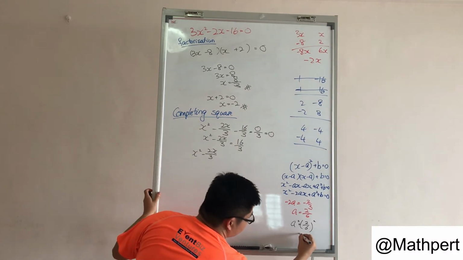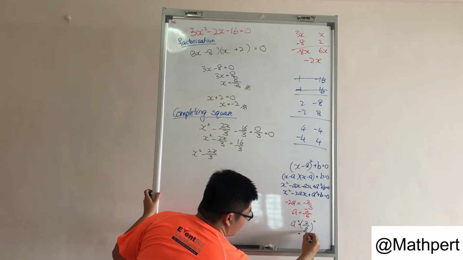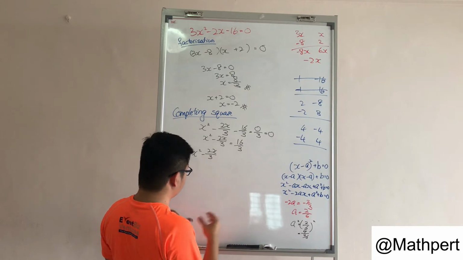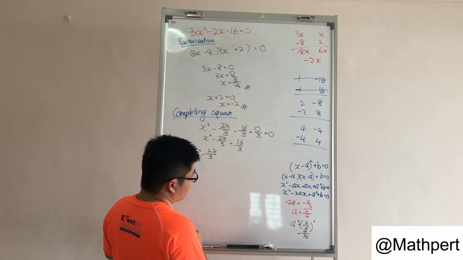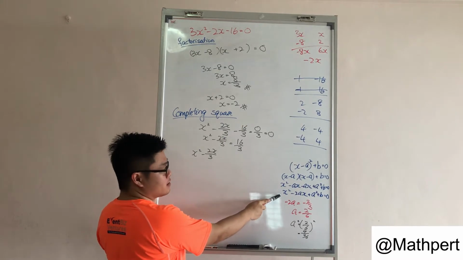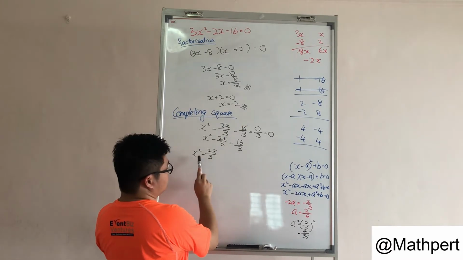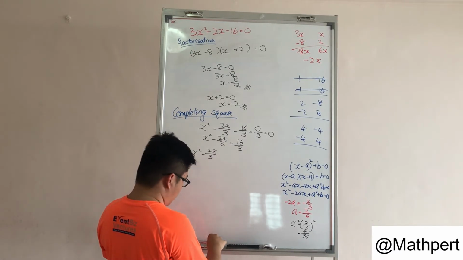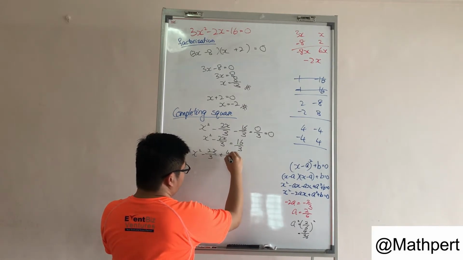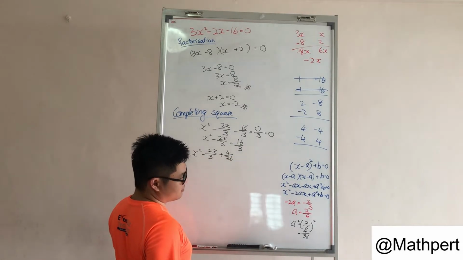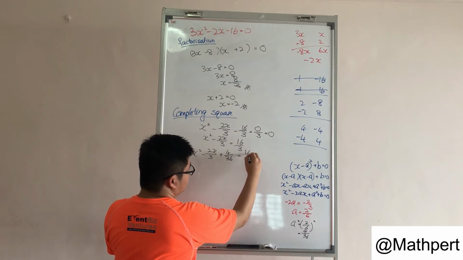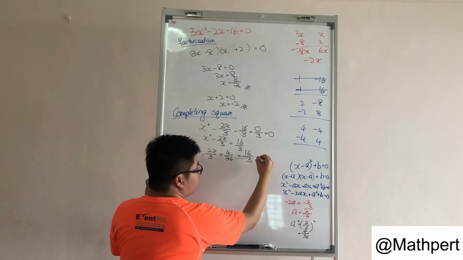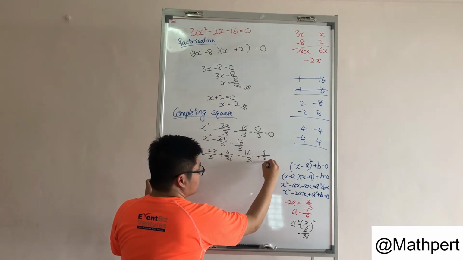This is also equal to 2 times 2 is 4, 6 times 6 is 36. Okay, x squared, negative 2ax, plus a squared, a squared will be plus 4 over 36. If you add 4 over 36, you have to add 4 over 36 here.